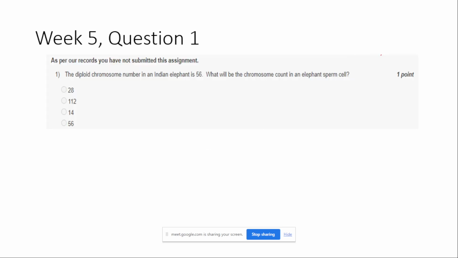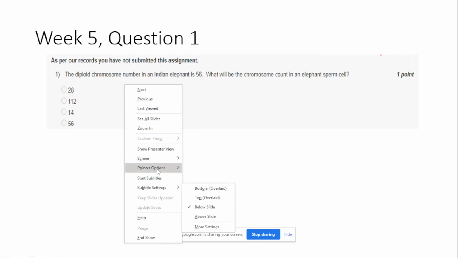The lecture also contained nuclear import and export, the nuclear pore complex, which will also be discussed in this problem solving session. So the first question.